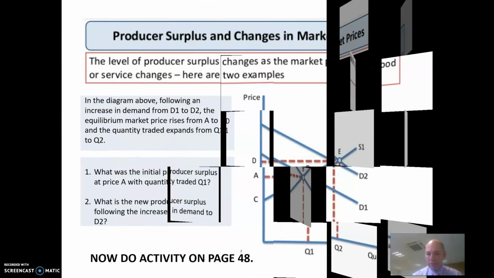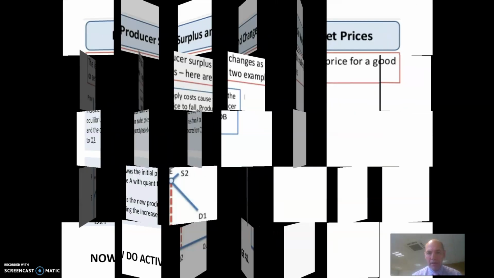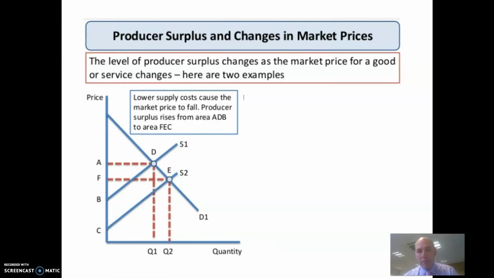Okay, again, apologies, let me go back a second. Again, producer surplus will change when the price changes. So just very quickly here, lower supply costs, what would have occurred in this situation? What was the initial situation? Well, S1 D1, which makes the gap between what producers were able and willing to supply at, as shown by B, D, and the price they get shown by AD.